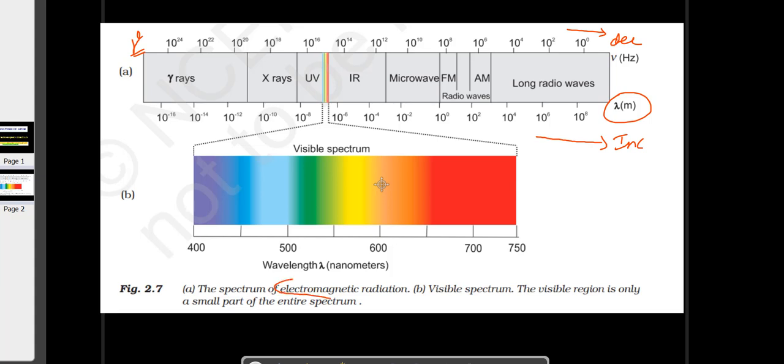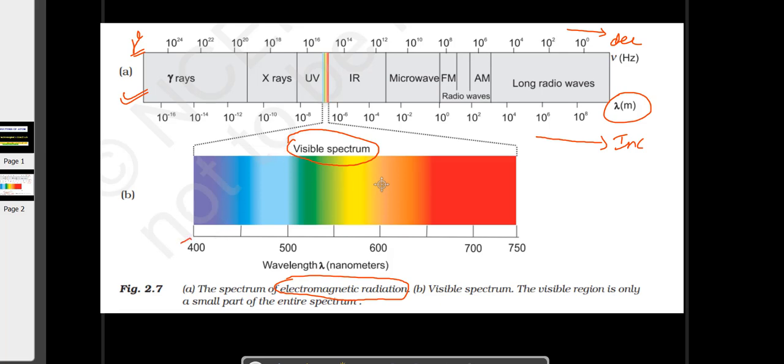The first line is electromagnetic radiation. That radiation arranged in increasing or decreasing order is called spectrum. This is the spectrum now. In this spectrum, a small region, this is the visible spectrum. This is the visible region also we can say, visible spectrum.